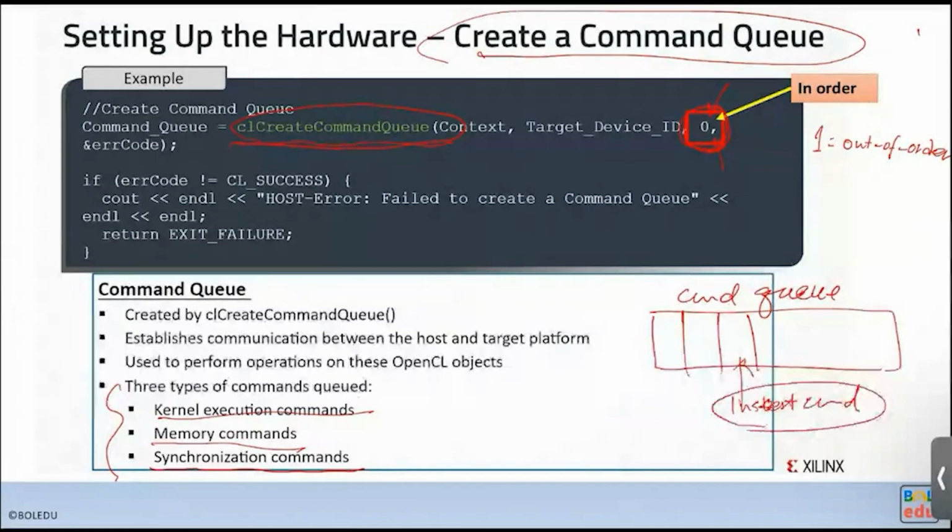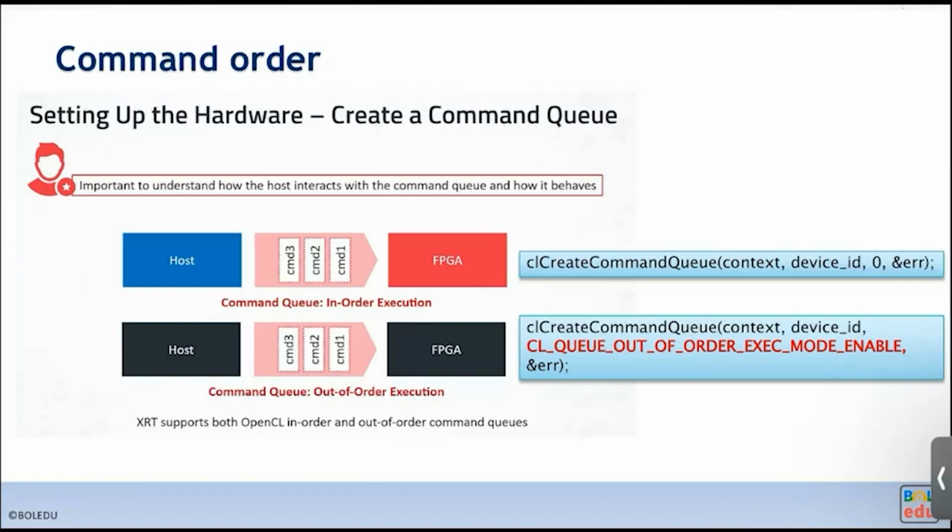There are 3 types of different commands, so you use different APIs to insert different types of commands. We will see it later. If you run it out of order, you can use this macro definition here.